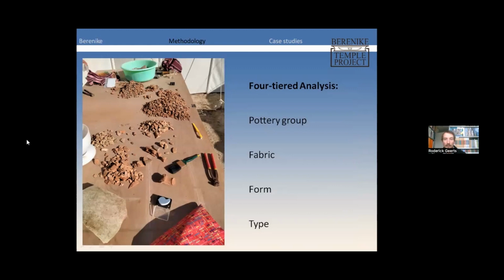Then we have fabrics, forms, and types. From very broad groups, it goes into much more detail depending on the diagnostic characteristics of each sherd that you have. I will be highlighting all 4 of these groups to explain what we mean by it, how we use it, and how we categorize our ceramics.